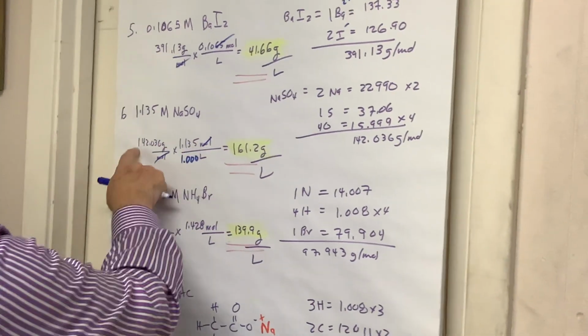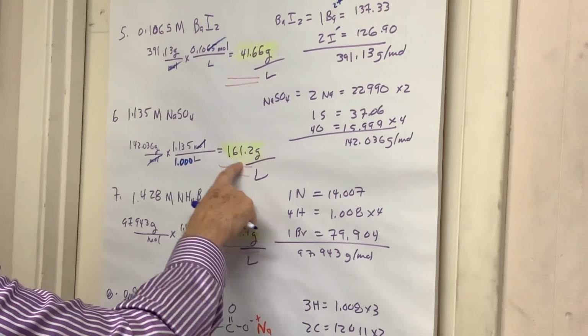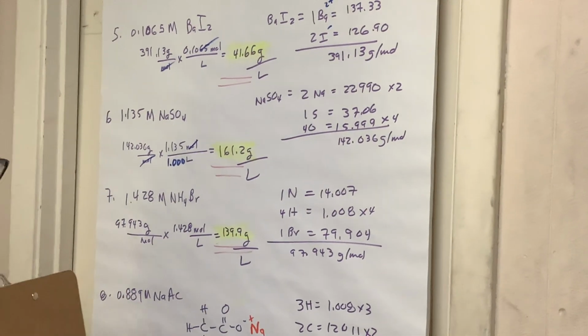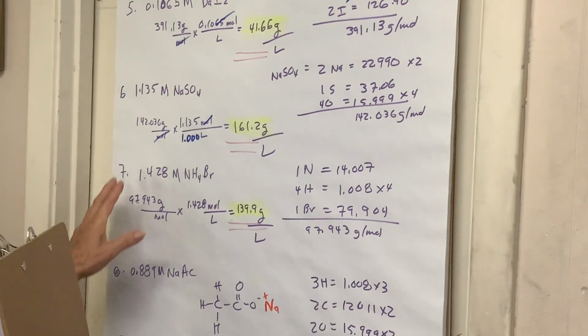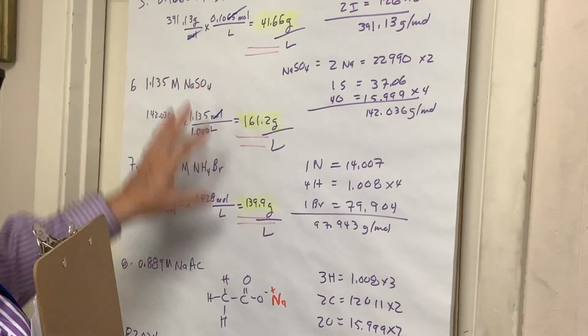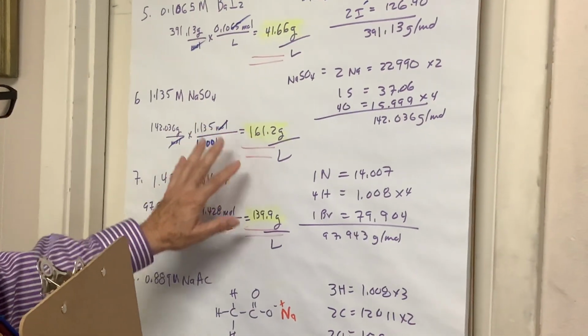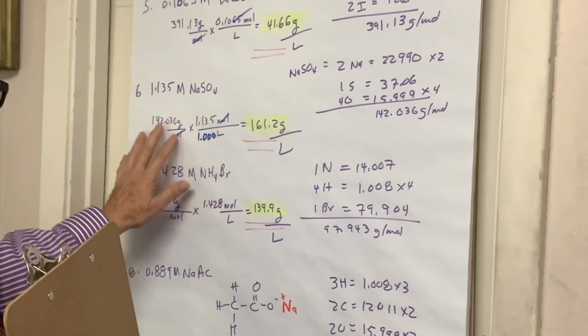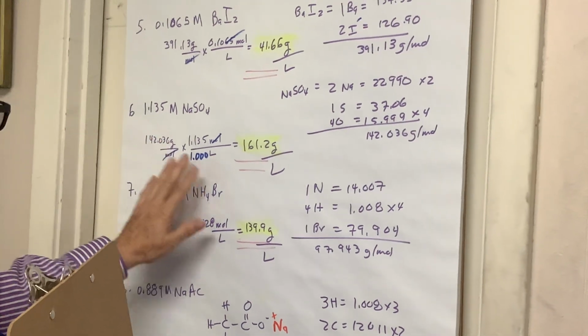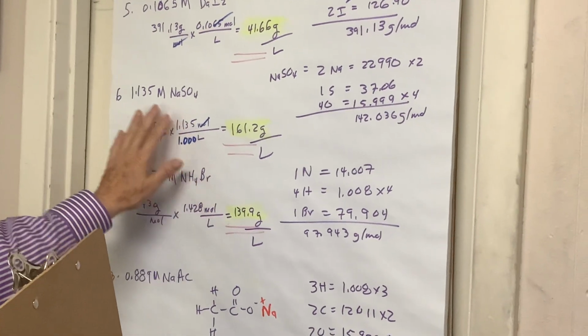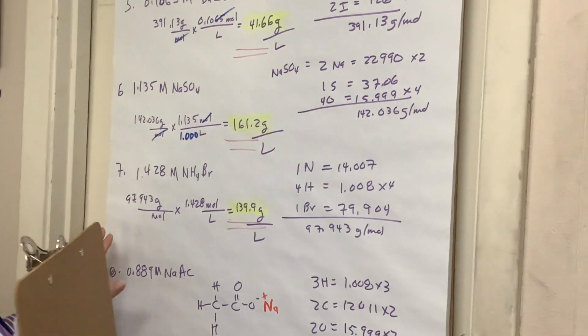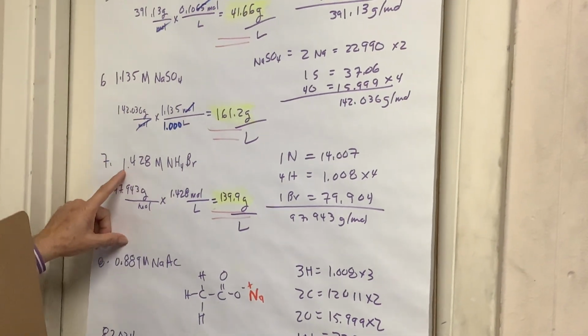Do the math. 142 times 1.135, you get 161.2 grams per mole. In this next set of reactions, after I finish these 2, we'll be giving you grams in a liter and asking you to calculate the molarity. So we'll show you quickly how to do that.